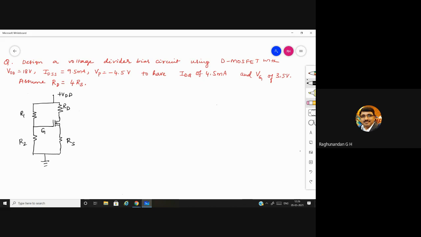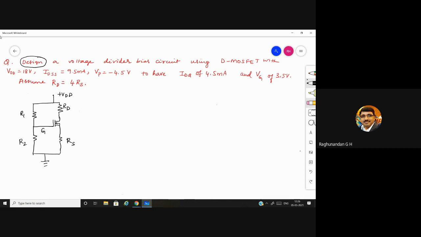So from the question, design means what I have told. The word design means what they usually expect: to find the resistance values. Nobody will tell you to design the current. Current cannot be designed.